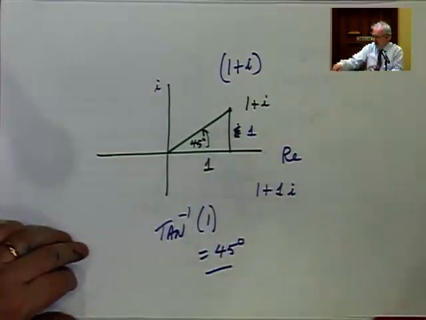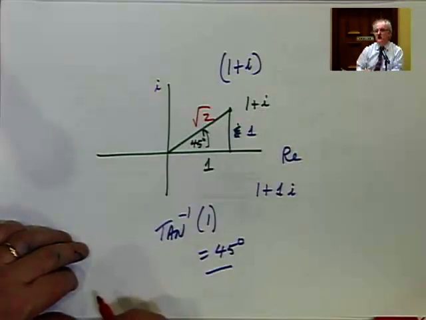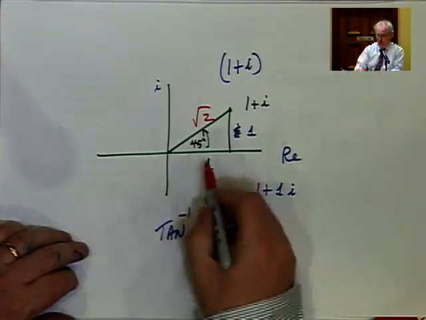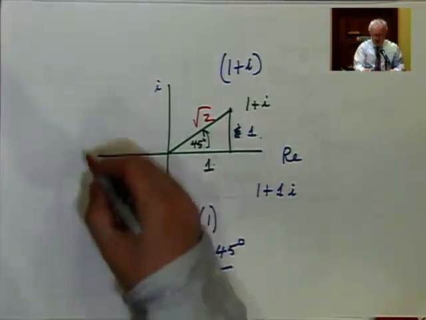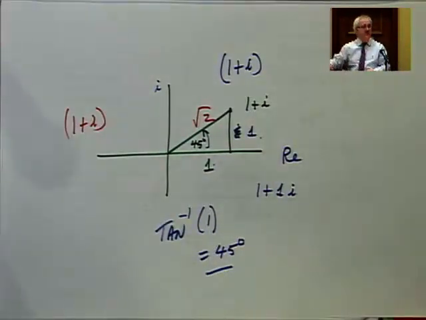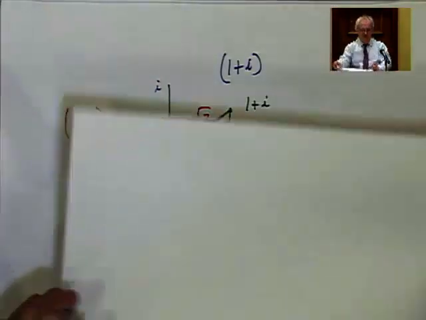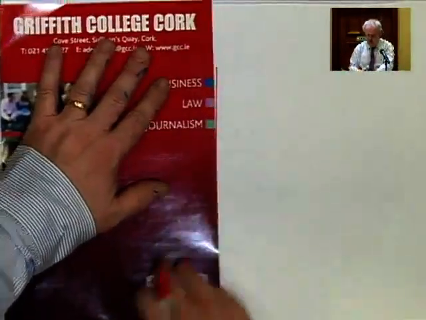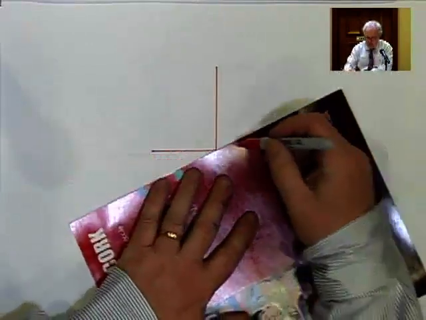Now, in Pythagoras, this would be 1, that would be 1, that would be the square root of 2, wouldn't it? Because 1 squared plus 1 squared would be 2. If I multiply something by 1 plus i, I will rotate it by 45 degrees, but I'll also multiply its size by the square root of 2. But imagine if I had a triangle that was like this. A nice, neat triangle. Nice, famous 45 degrees on it.